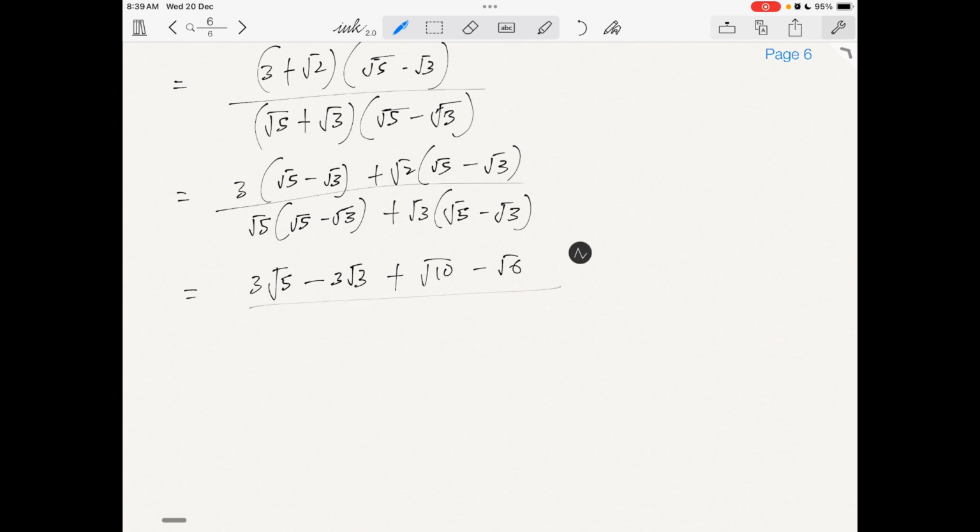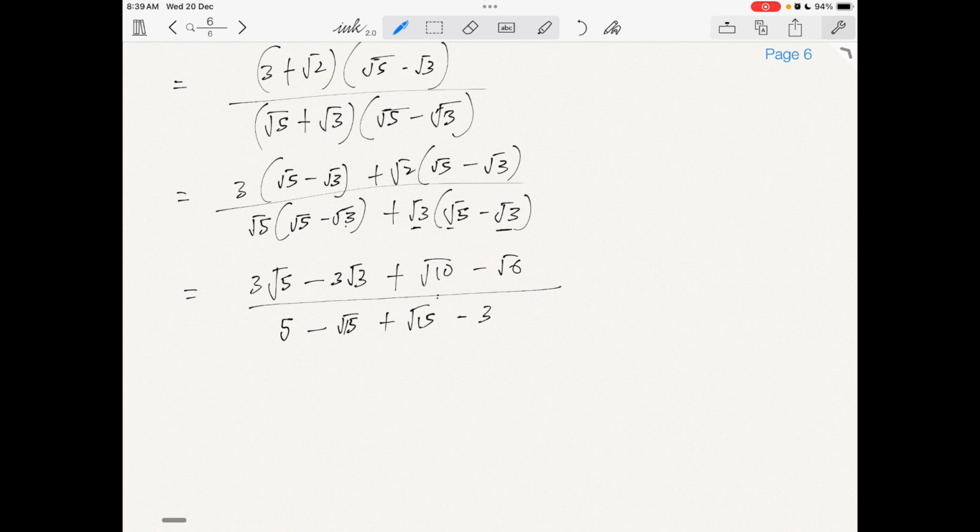Everything is divided by root 5 multiplied by root 5, which gives root 25, that is 5, and root 5 multiplied by minus root 3 gives minus root 15. Root 3 multiplied by root 5 also gives root 15, and root 3 multiplied by minus root 3 gives minus root 9, and root 9 is 3.